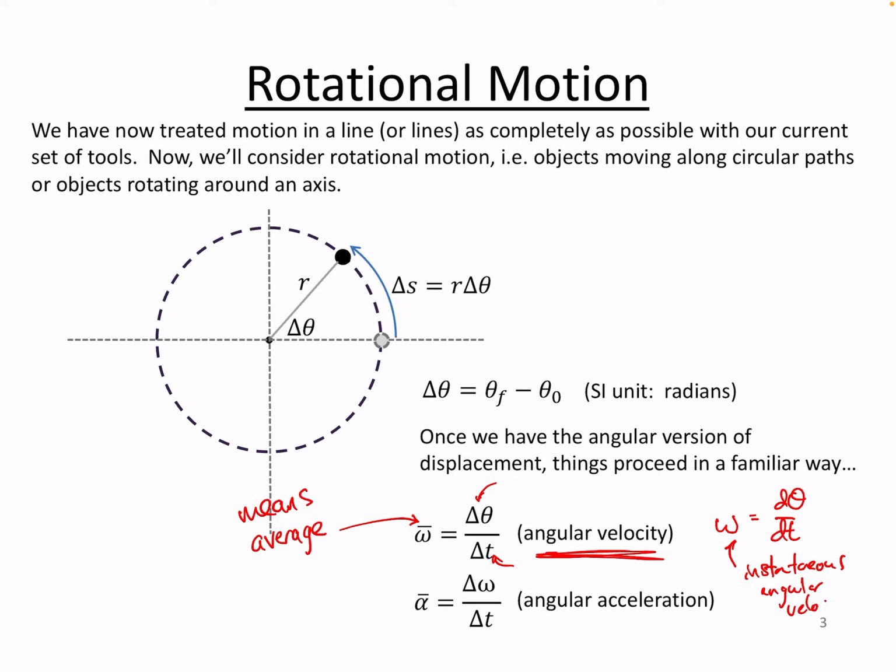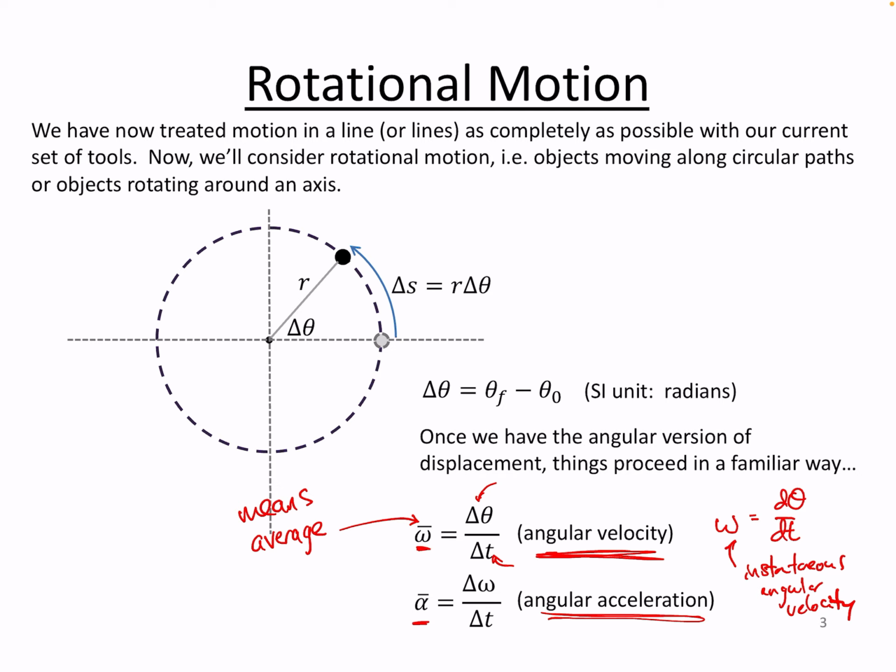Likewise, we can define angular acceleration in terms of how quickly the angular velocity is changing. The average acceleration, given the symbol alpha, which looks a little bit like a for linear acceleration, is delta omega, this is the Greek letter omega, over delta t.